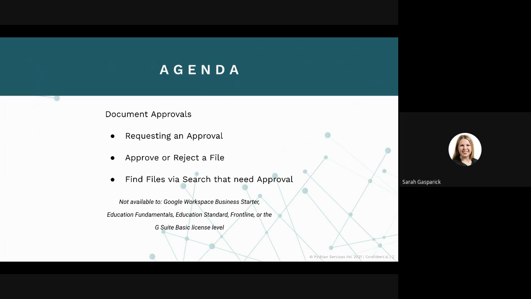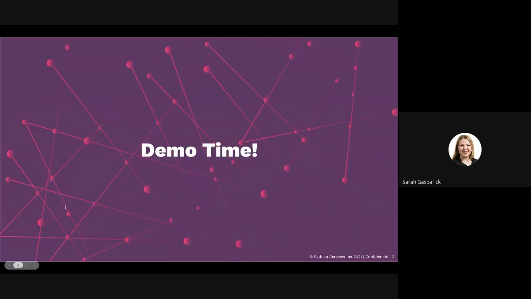So if you watch the demo and you believe it would be useful for you, but you're not seeing it in the next week or two, I encourage you to reach out to those local partners and see what they can do to give you some suggestions. So, with that in place, let's walk through some of the essentials of getting rolling with document approvals.